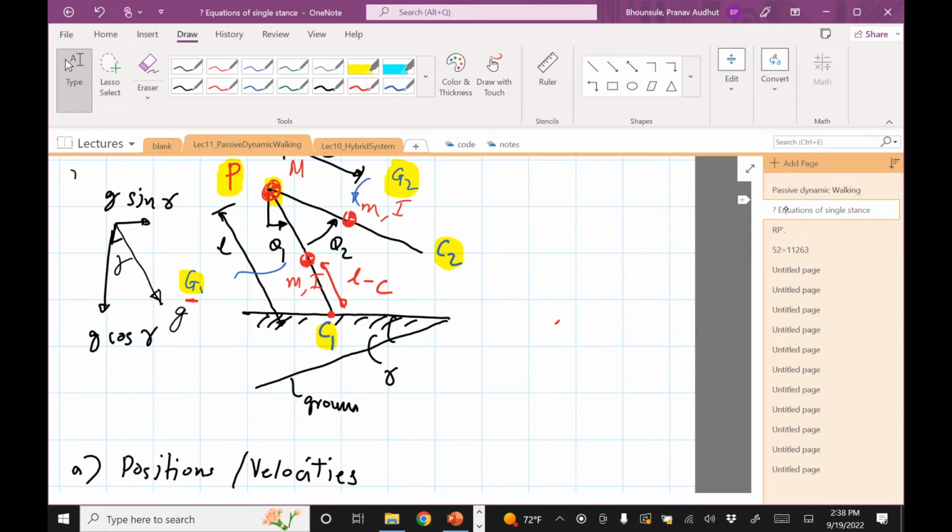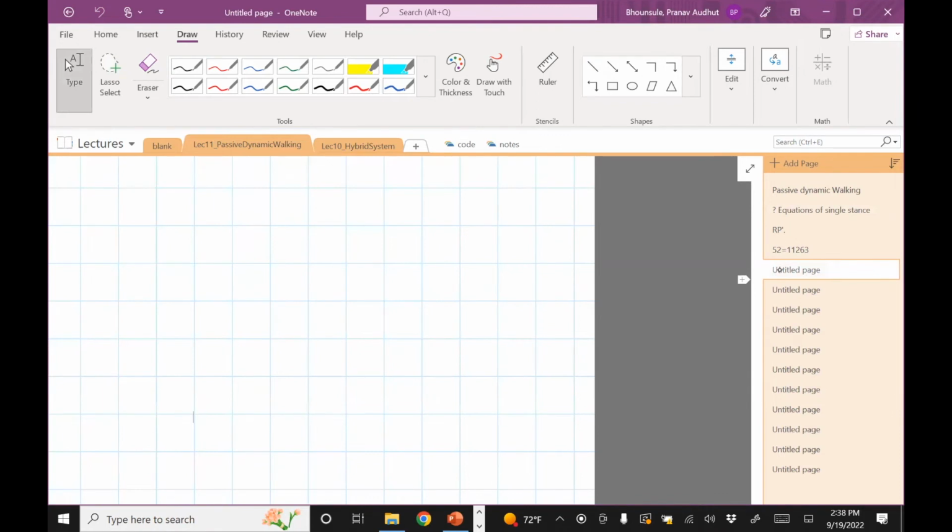So the way I'll do this is the following. Let's take care of gravity. That's my ramp. Say this is gamma.